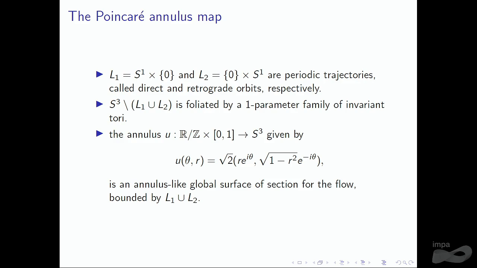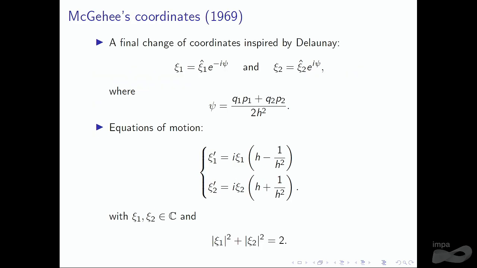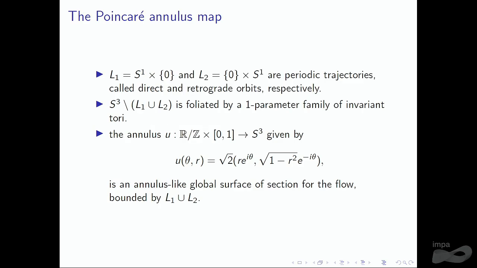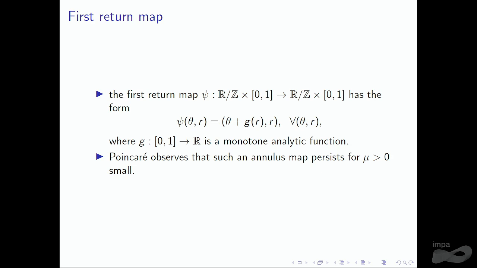And moreover, in these coordinates, it's even possible to compute the first return map. The first return map depends on this function h. And in the end, the first return map, this psi here, has a very simple form. Putting coordinates theta and r on the annulus, r is preserved because the solutions just rotate in the first factor, so r doesn't change.